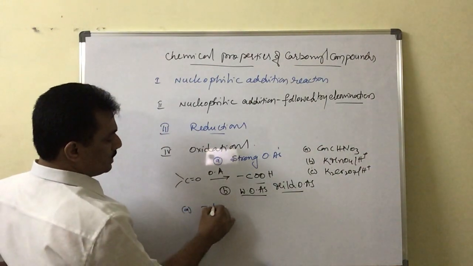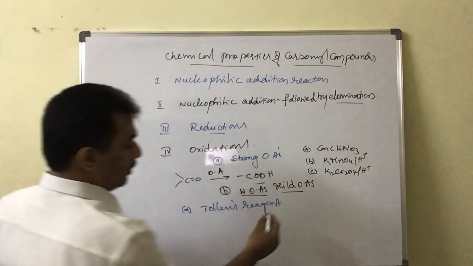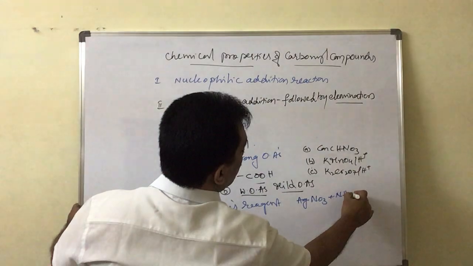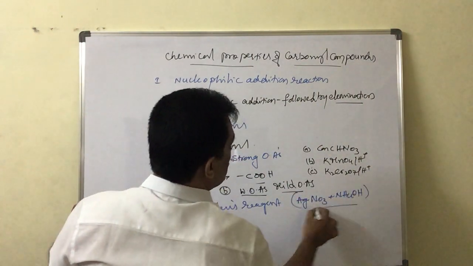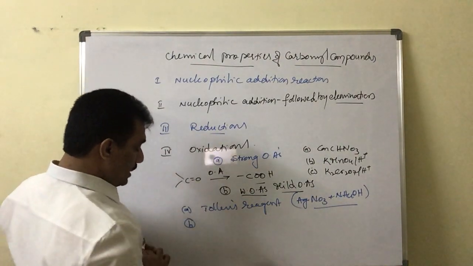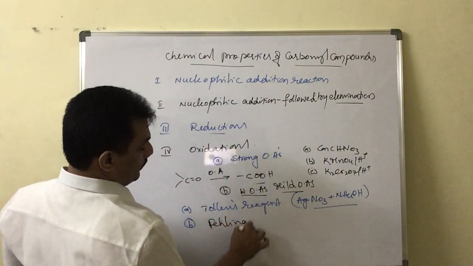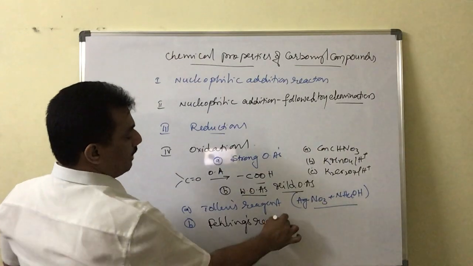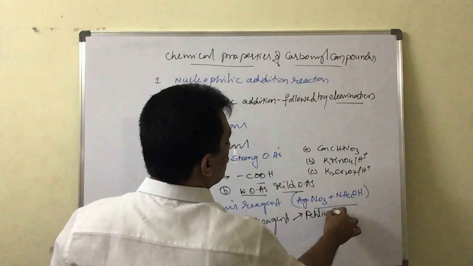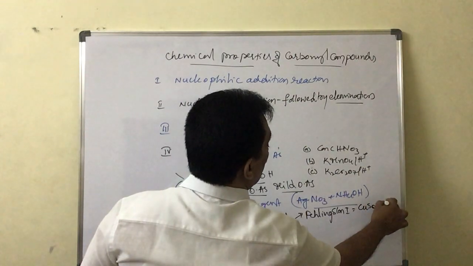One is Tollens reagent. Tollens reagent is nothing but ammoniacal silver nitrate, AgNO3 plus NH4OH mixture. Ammoniacal silver nitrate mixture is known as Tollens reagent. And the second type is Fehling's reagent. It has two parts. One is Fehling's solution 1, which is CuSO4 plus NaOH mixture.